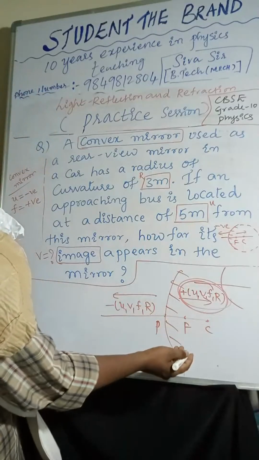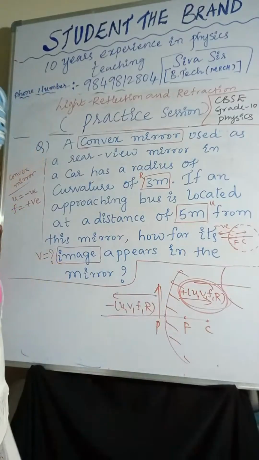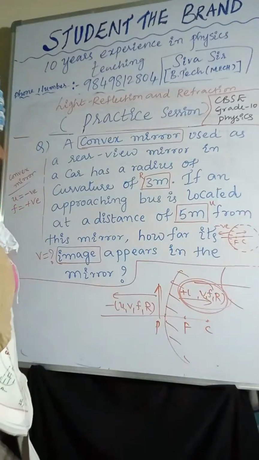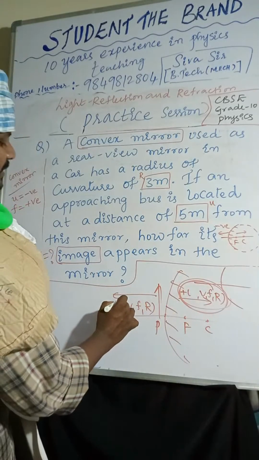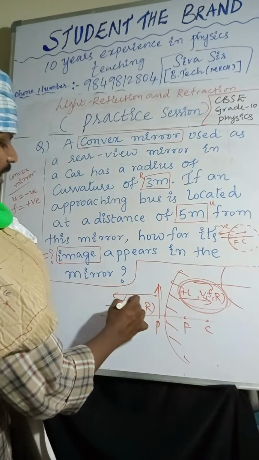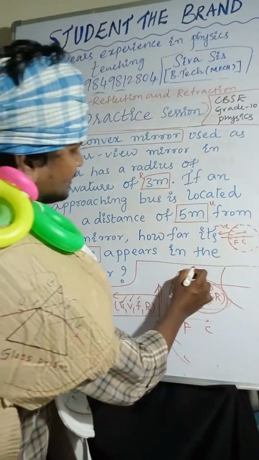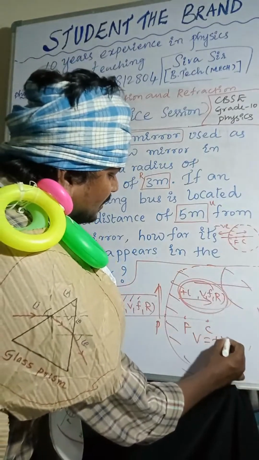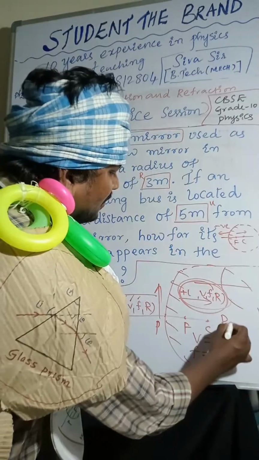The object is always placed in front of the mirror, on this side. Leaving the object, the rest are positive. So the object distance must be negative, and in a convex mirror the image forms on the other side, so the image distance is positive, and focal length and radius of curvature are also positive.